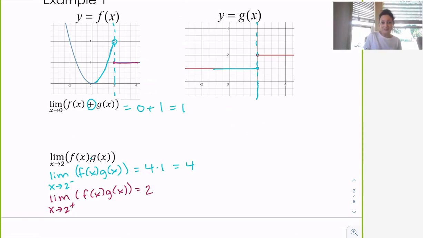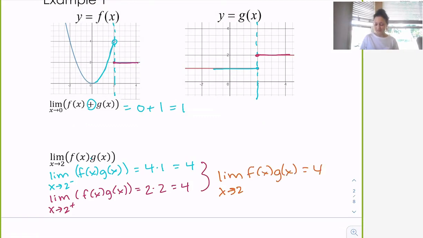Now if we do that same thing, approaching this guide from the right, I can tell that my y values are also approaching 2, and 2 times 2 is 4. Okay, so does the full limit exist? It does exist, and the full limit as x approaches 2 of f times g is 4, since the left and the right hand limits were both 4.